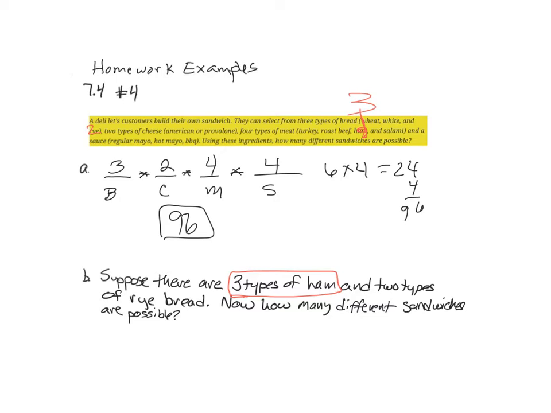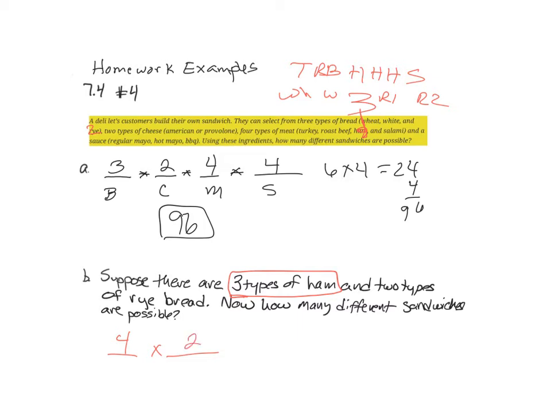But that's not the case. 3 types of ham means that we have turkey, roast beef, ham, and then salami. 2 types of rye mean we have wheat, white, rye 1, rye 2. So bread now becomes 4.